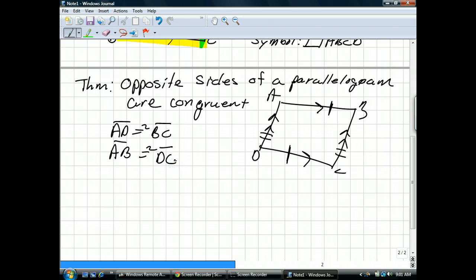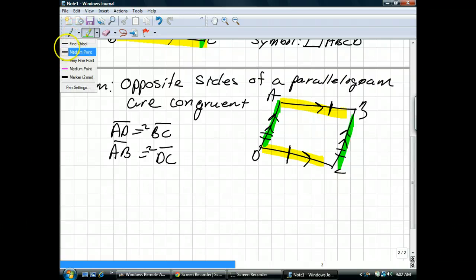Okay, so opposite sides are congruent. So this side is congruent to this side, and that side is congruent to that side. So not only are opposite sides parallel to each other, they are congruent to each other. Okay.